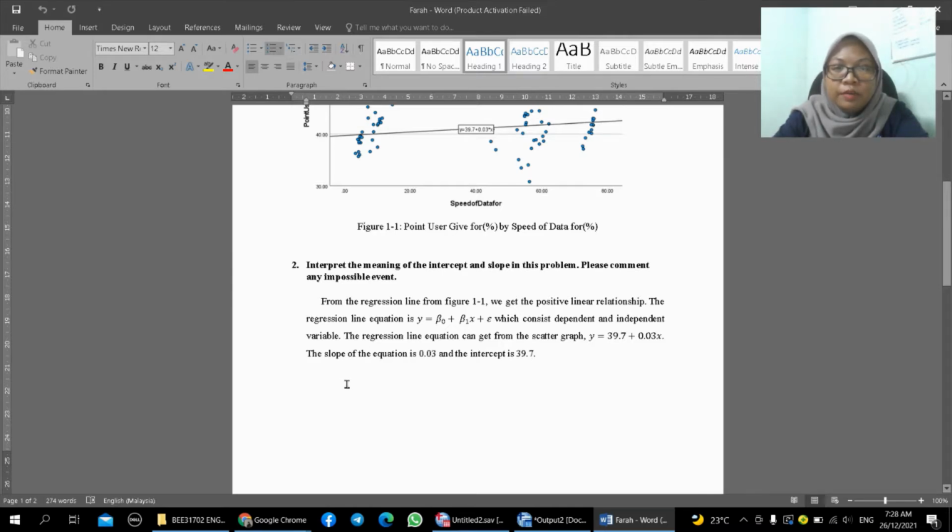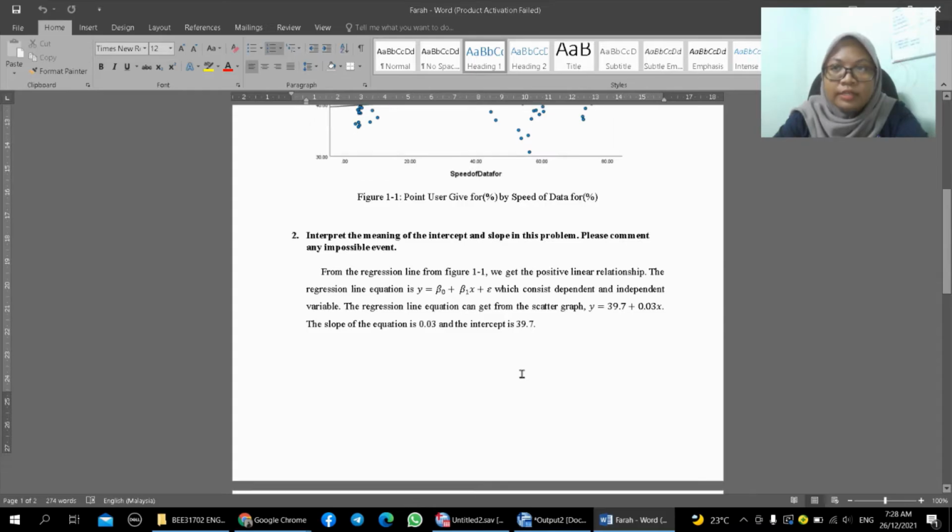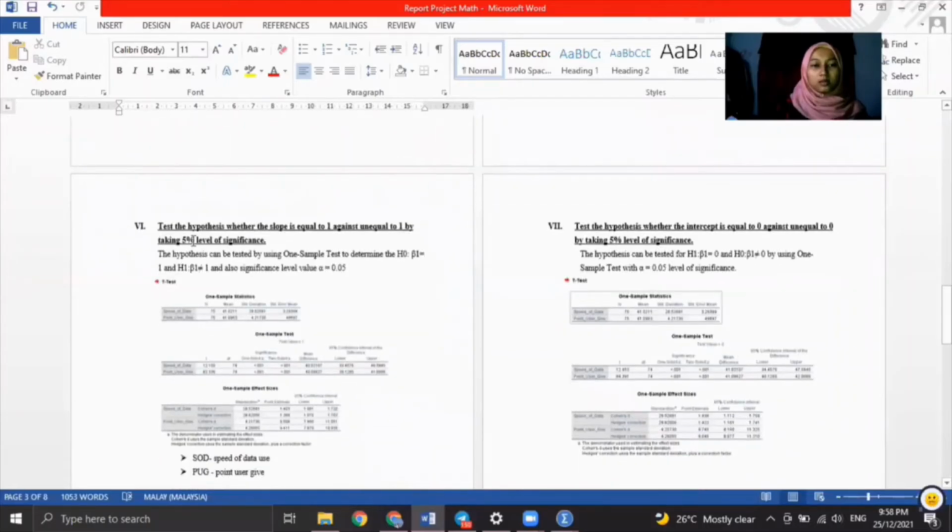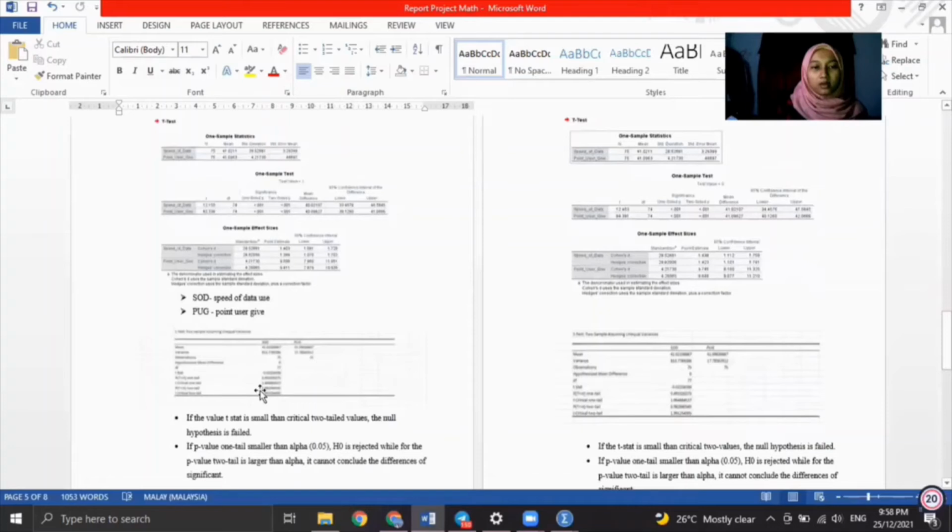The regression line equation from the scatter graph is y equal to 39.7 plus 0.03x, and the slope of the equation is 0.03 and the intercept is 39.7. Test the hypothesis whether the slope is equal to 1 against unequal to 1 by taking a 5% level of significance.